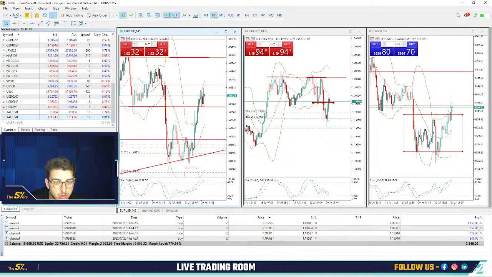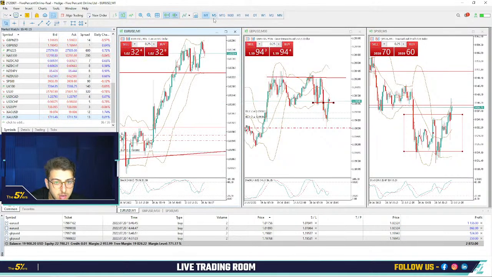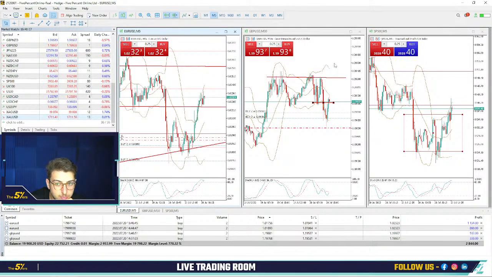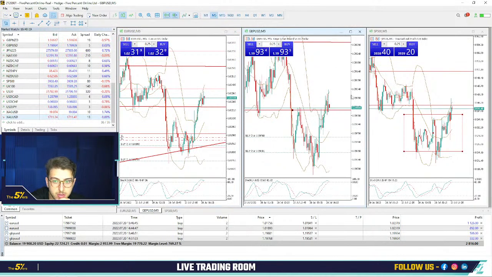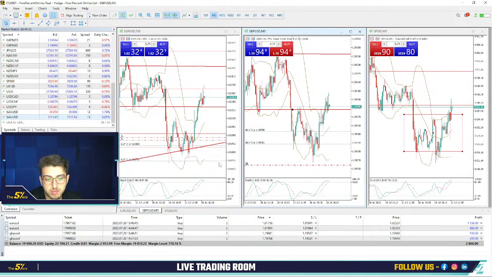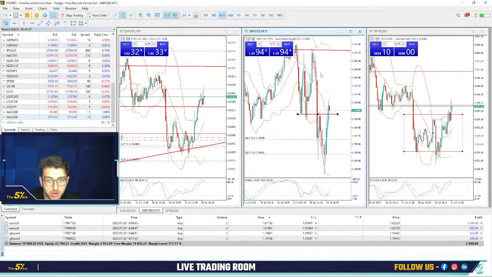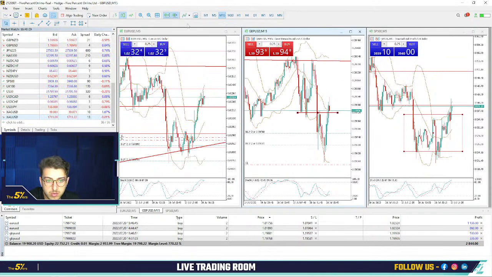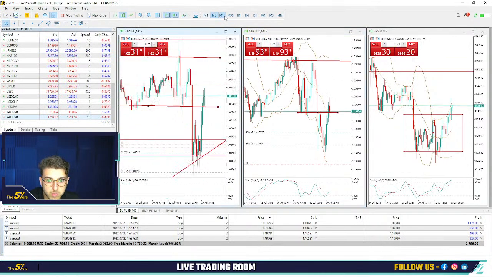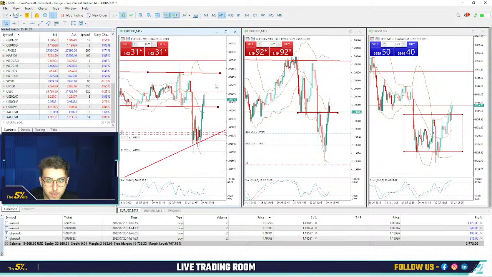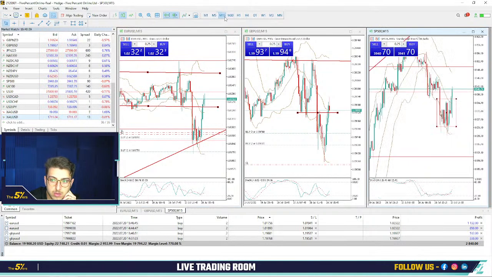Let's check what's going on M5 and M1. Yeah, it's a very healthy movement. On M5 we are actually starting to cross on stochastics, so the market can stand here for a few more minutes. But yeah, the S&P is starting to continue pushing.